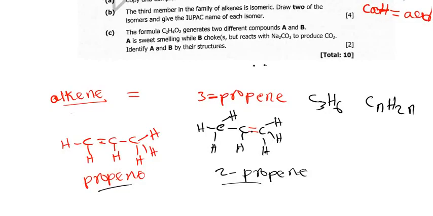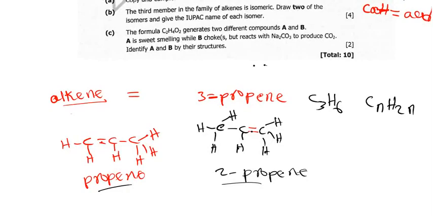Then B, they are saying it chokes but reacts with sodium bicarbonate to produce carbon dioxide. Sodium bicarbonate is a base, so its reaction with an acid will always produce a salt and carbon dioxide. So B is an acid, based on its nature of reaction and also its property of choking.